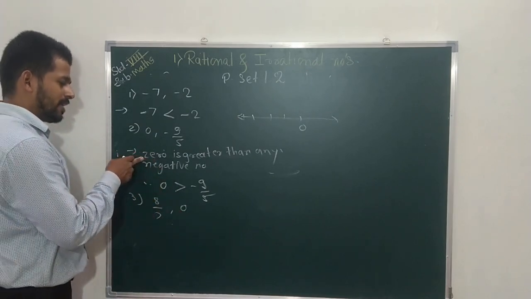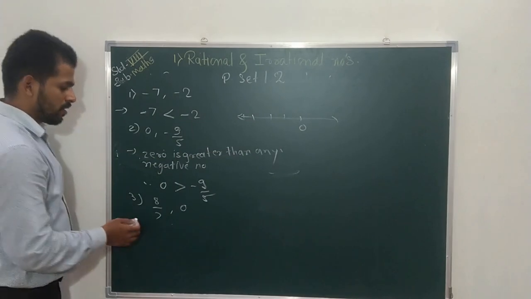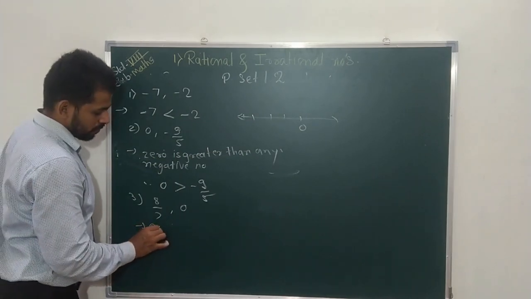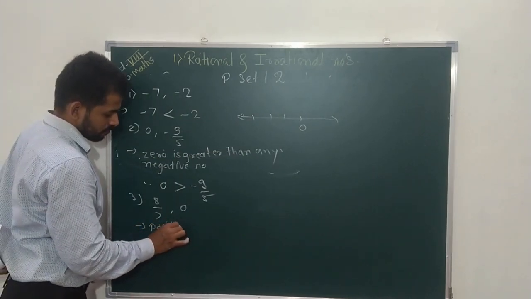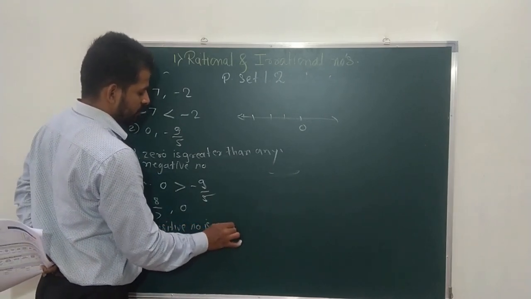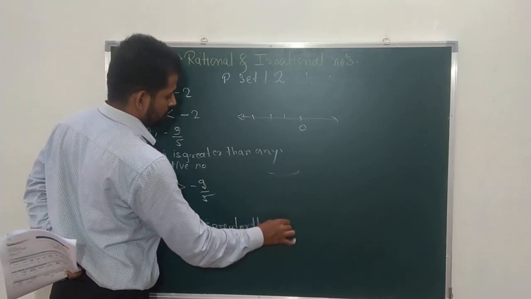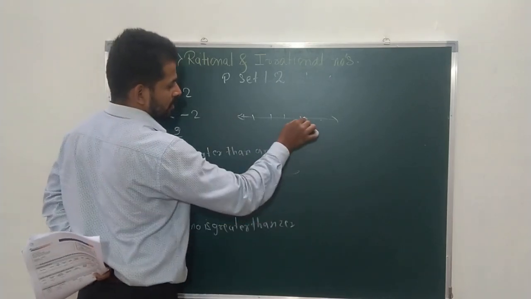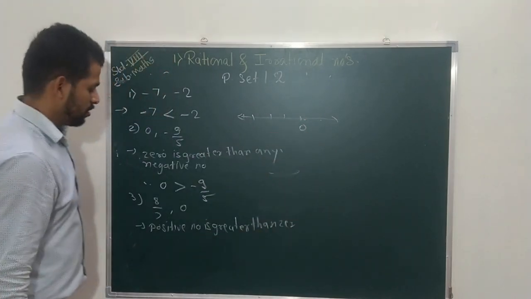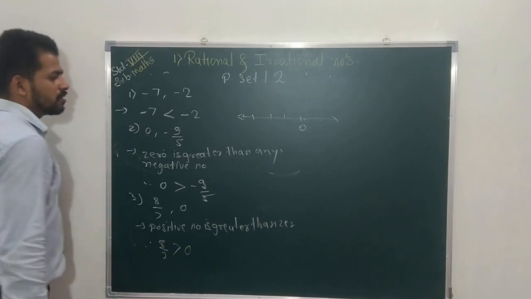Same as before, a positive number is greater than 0, because on the positive side, 0 is on the left. Therefore 8 upon 7 is greater than 0.